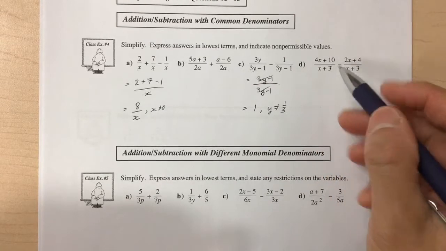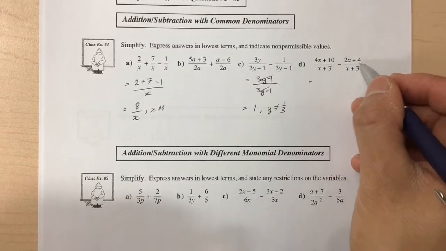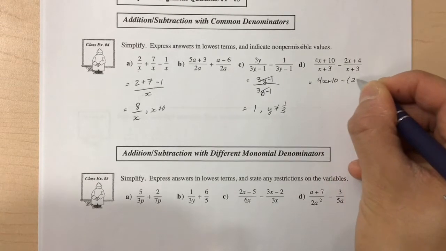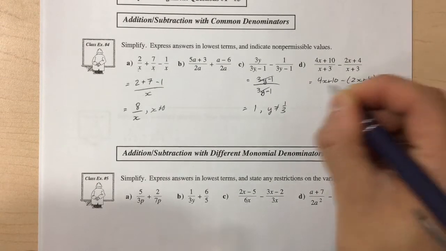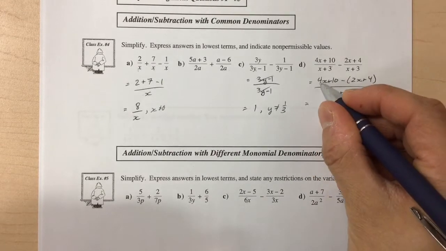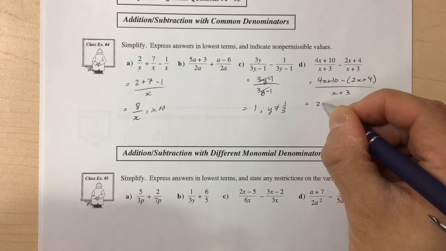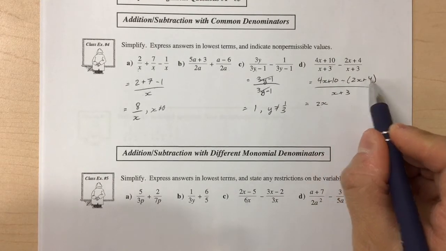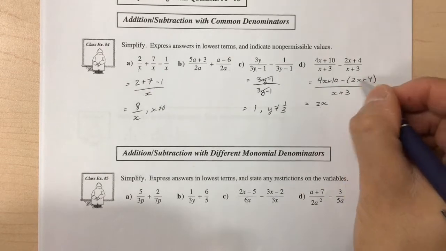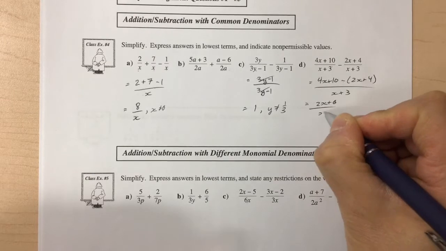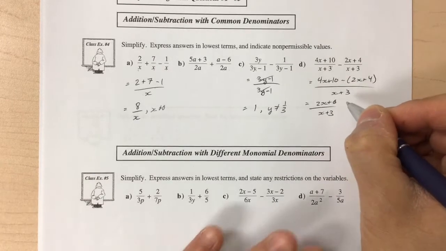Now in this last example, 4x plus 10 minus 2x plus 4 all over x plus 3, we're going to be left with 4x minus 2x is 2x. 10 minus a positive 4 is 10 minus 4 is going to be 2x plus 6 over x plus 3.